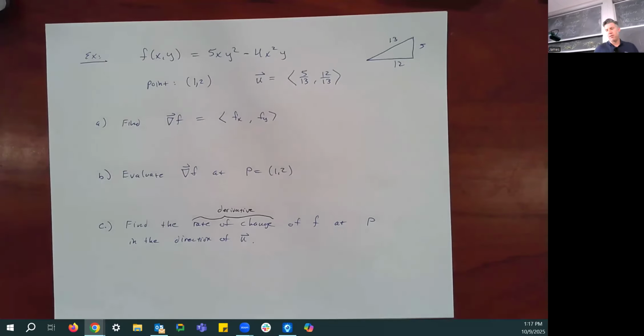After you find the gradient, evaluate your gradient at the point 1 comma 2.